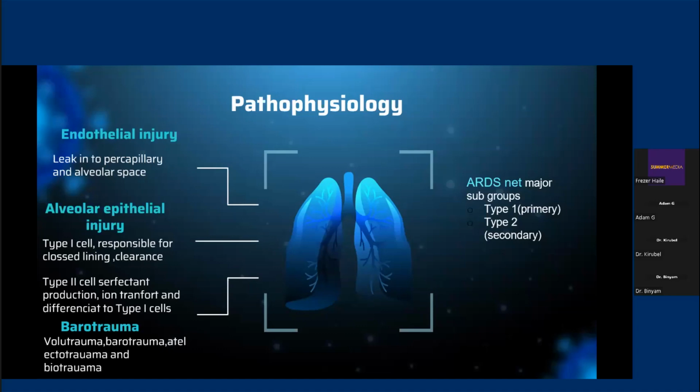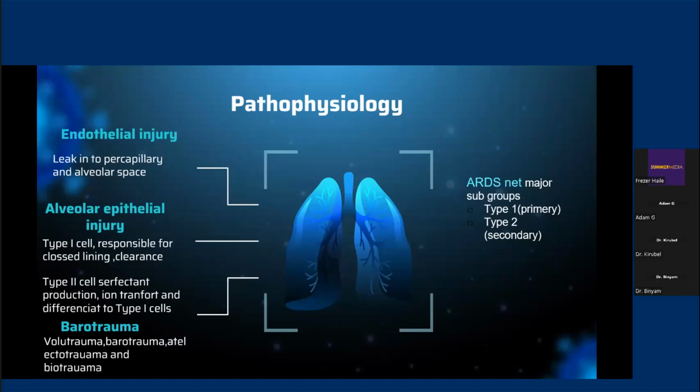Also, this leaking of fluid from the capillaries will be too much for the lymphatic system to drain, so it will congest in the lung, and it will impair oxygenation.